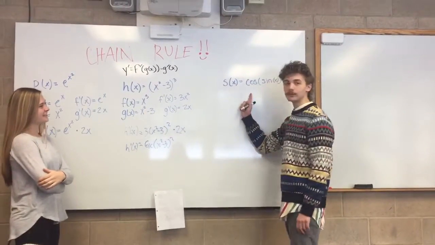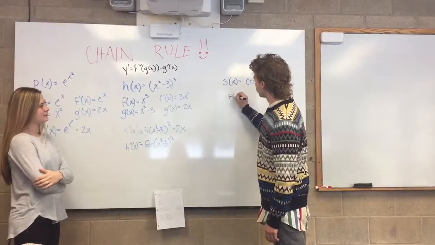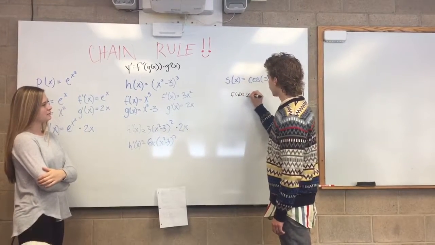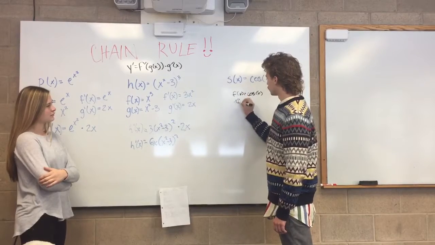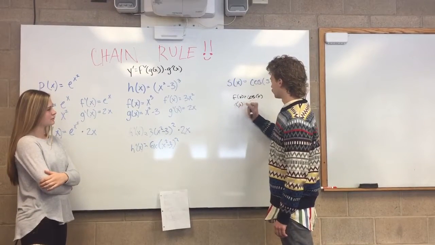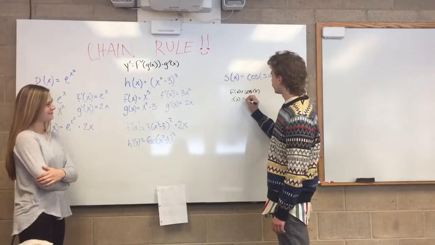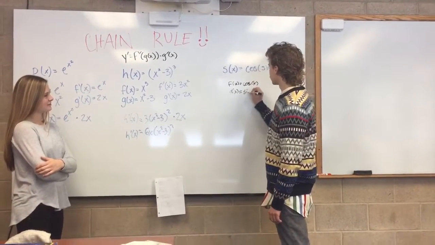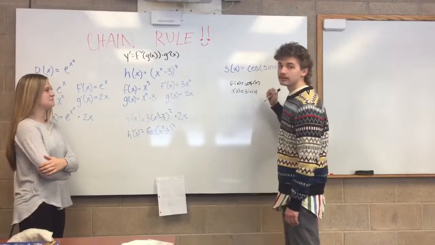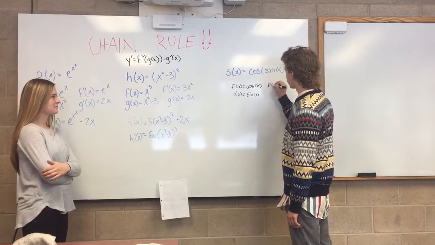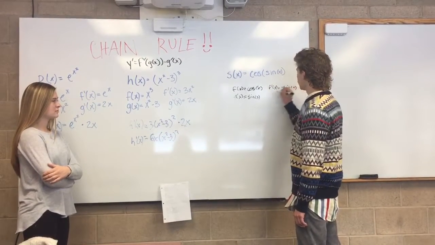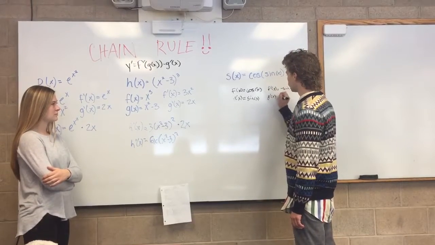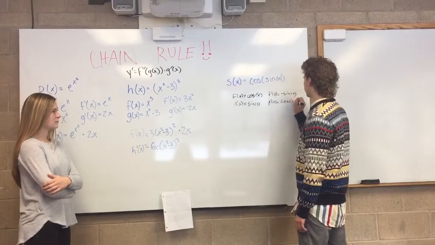So for this last problem over here, the outer function, f of x, is cosine of x, and the inner function, g of x, is the sine of x. The derivative of each of these, they're not that hard, so f prime of x is the negative sine of x, and the derivative of g of x is cosine of x.